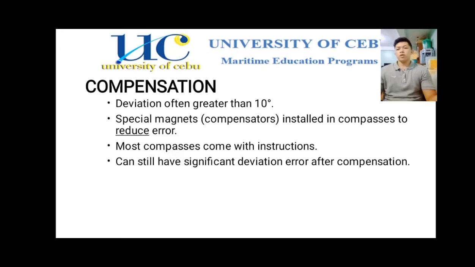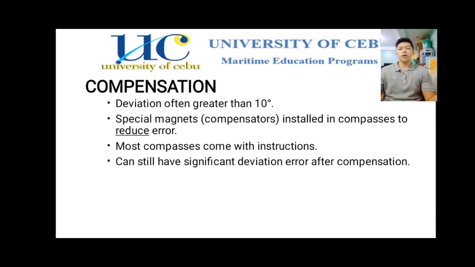In compensating, first we have to run the boat along the northerly course selected as per our hand-bearing compass and adjust our steering compass by turning the north-south screw either way so that the steering compass also points north.